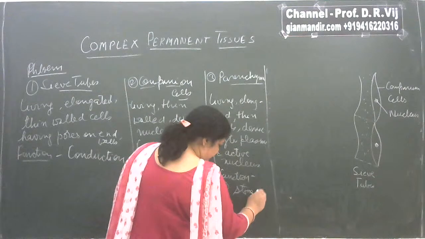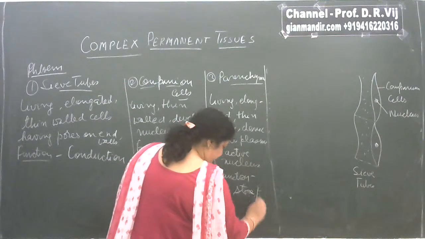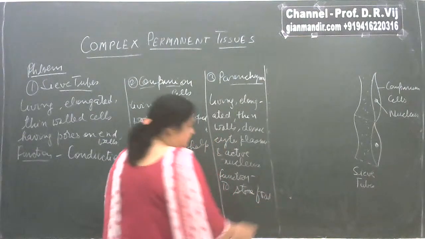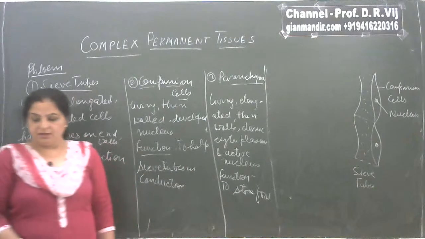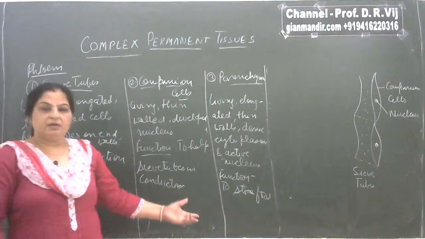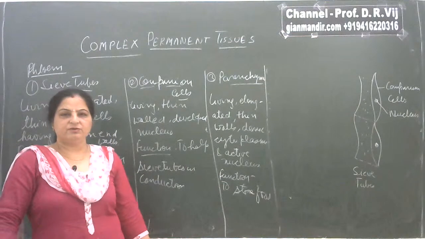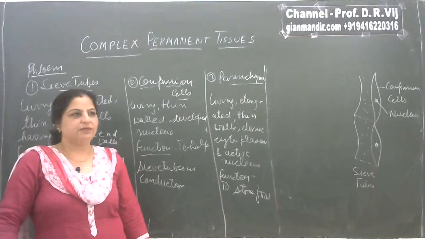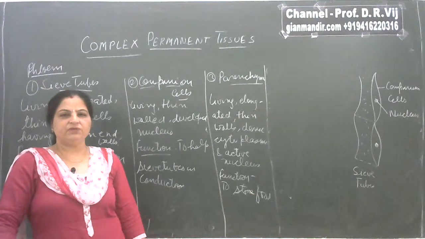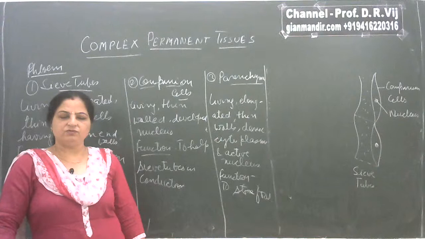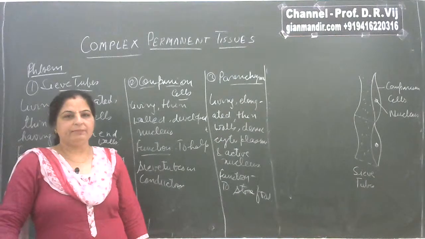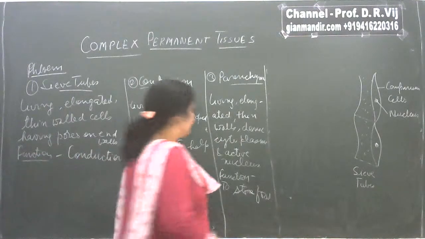So the main function of phloem parenchyma is to store food, so that, as you have seen, they have a transport system which requires energy, and as it requires energy, for that food is required, and that food is stored in phloem parenchyma.